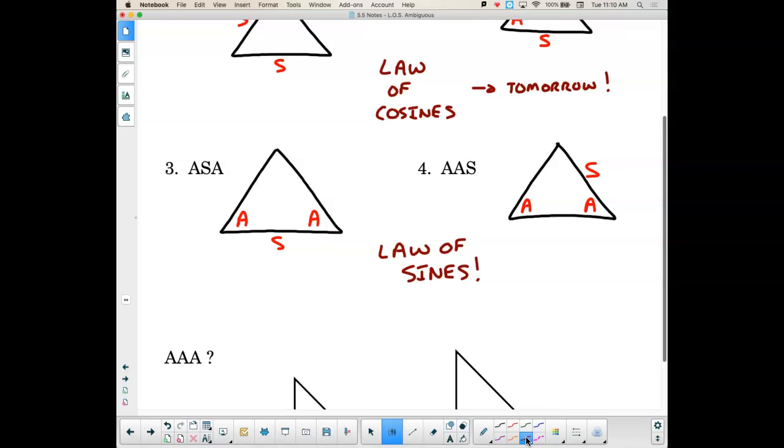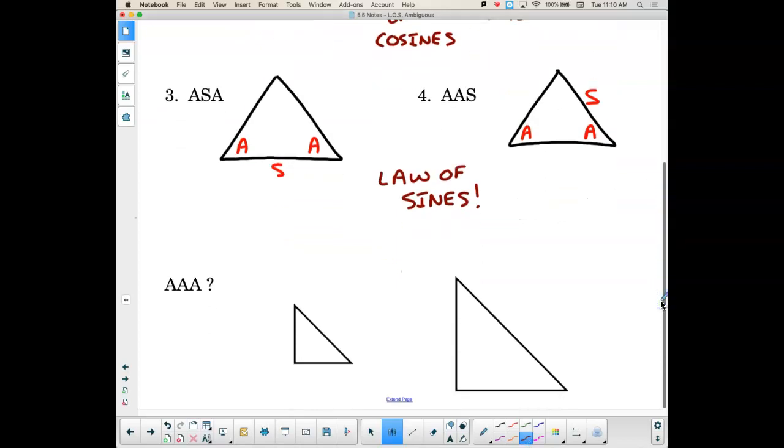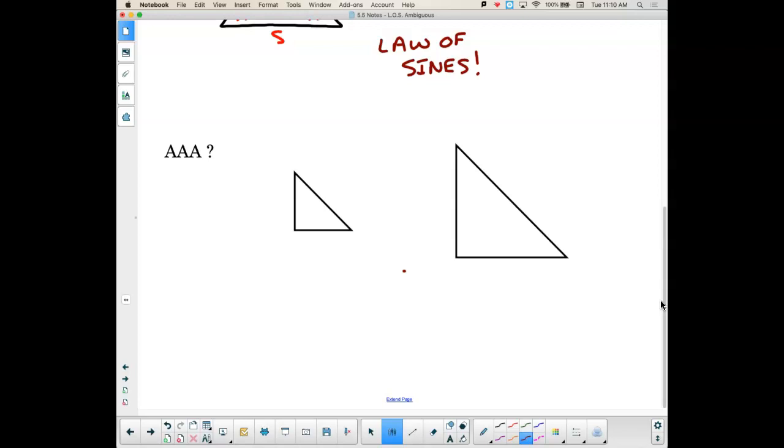Okay. What about if you're given 3 angles? Law of cosines?